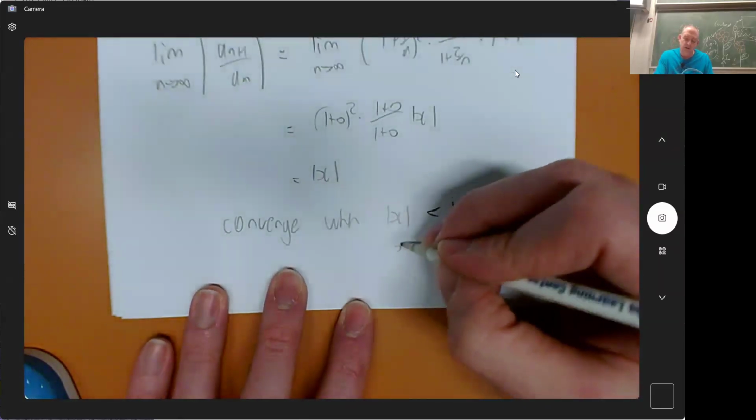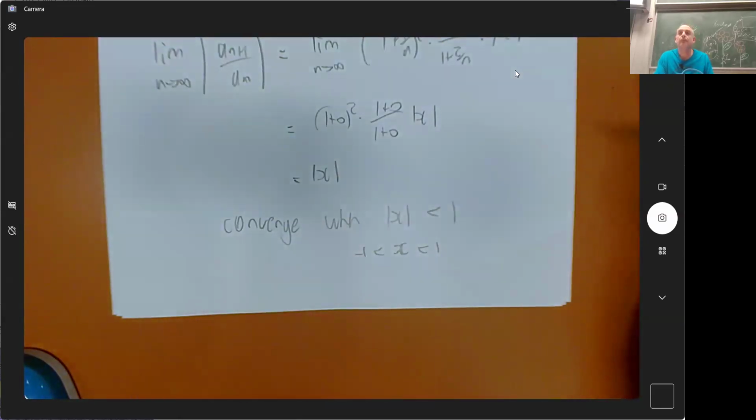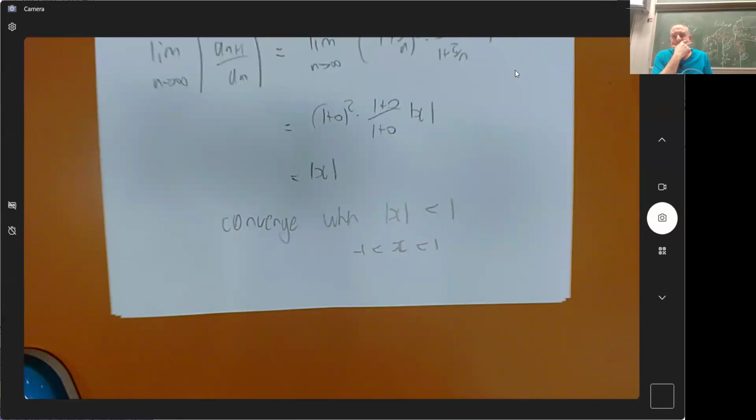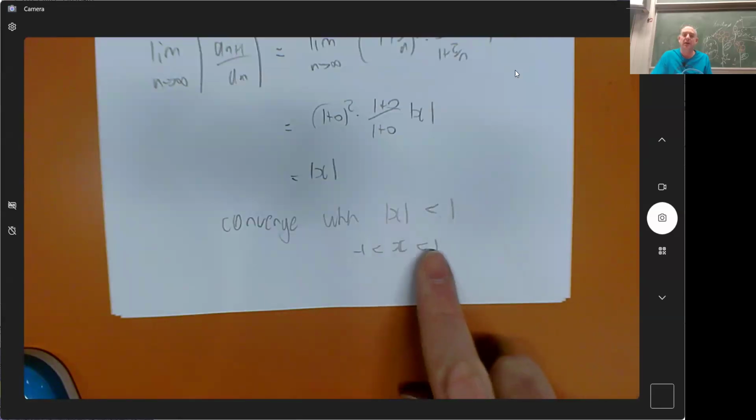Which means that the x will have to be between -1 and +1. So this is saying that the distance between x and 0 is less than 1, and so it has to be between -1 and +1.